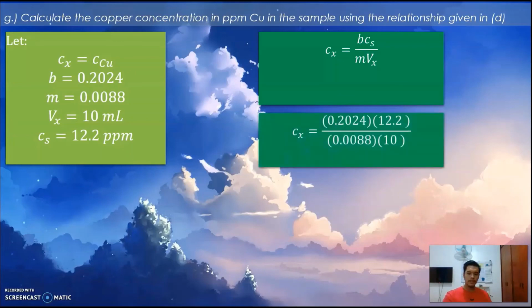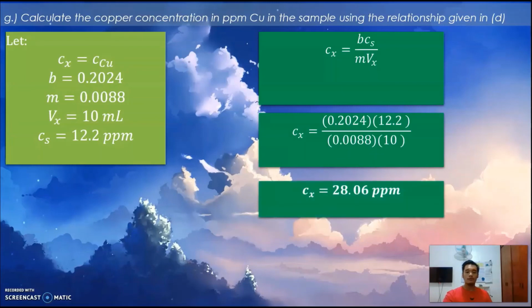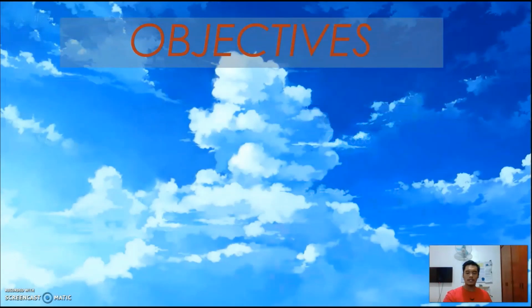Thereby, substituting every variable given, 0.2024 times 12.2 over 0.0088 times 10 milliliters, we will have a concentration of 28.06 parts per million. And this is the final answer.